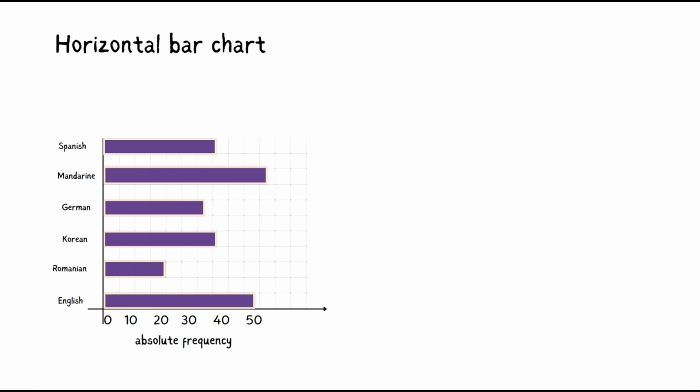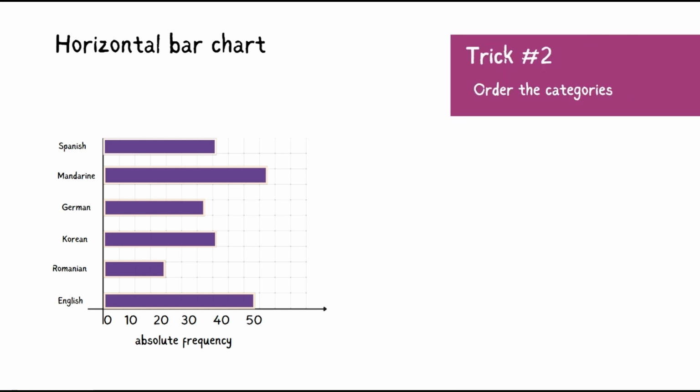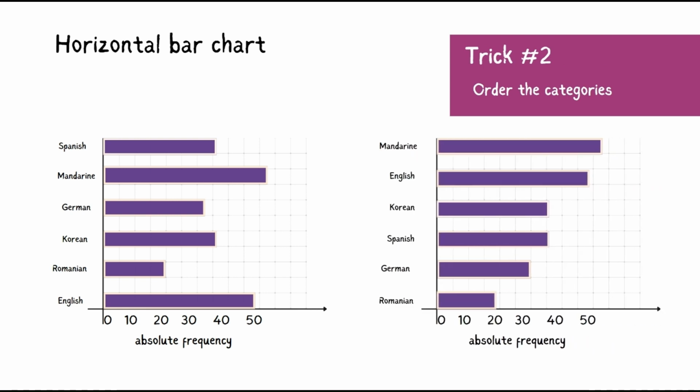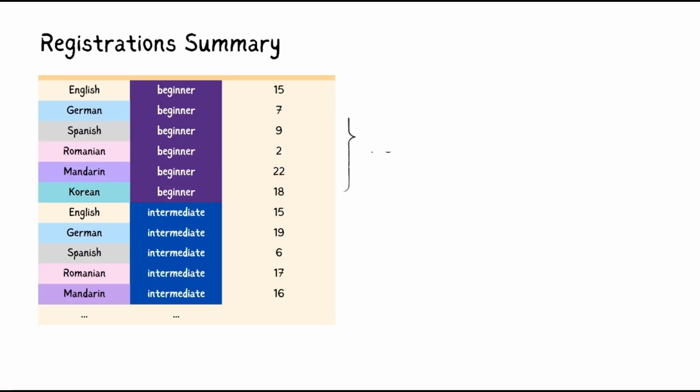Categories go now on the vertical y-axis and values go on the horizontal x-axis. Introducing trick number 2, for impactful visuals, order the categories by their values. This is particularly useful when you want to show tops. For example, top 5 most sought after skills in 2024 or top 3 most crowded cities.